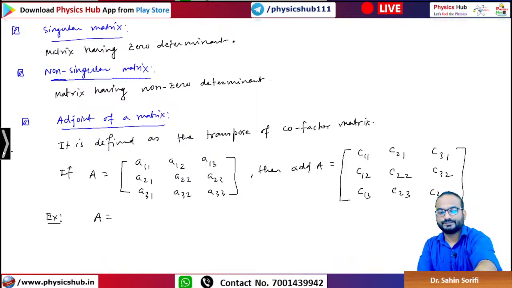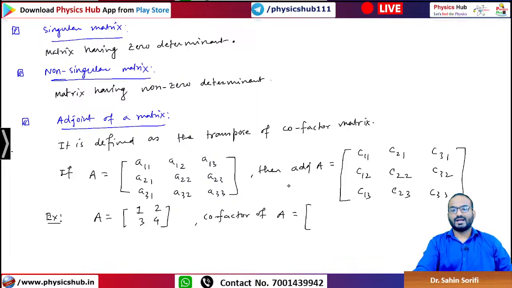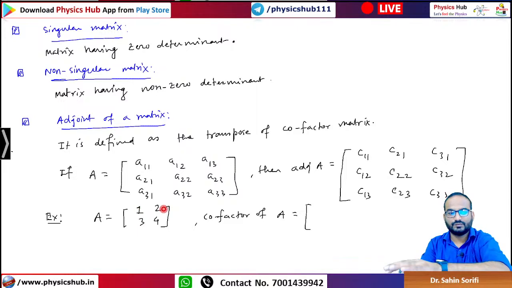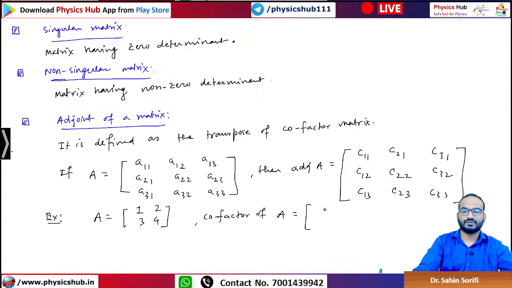Giving you an example. Let's say 1, 2, 3, 4. This is the matrix A. Now find the cofactor of A. For adjoint it will be a transpose, but for cofactor there is no transpose. For 1, if you remove its row and column, it is 4. This is A11, minus 1 to the power 1 plus 1, so positive, so this will be 4. For 2, the remaining element is 3.